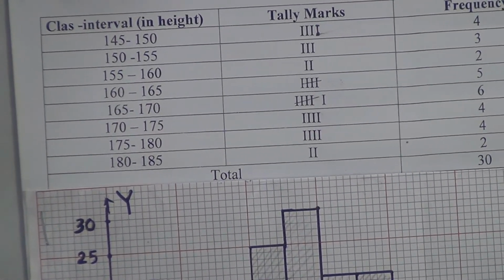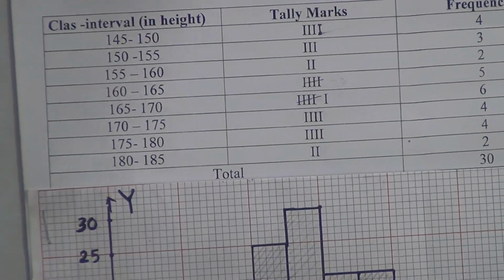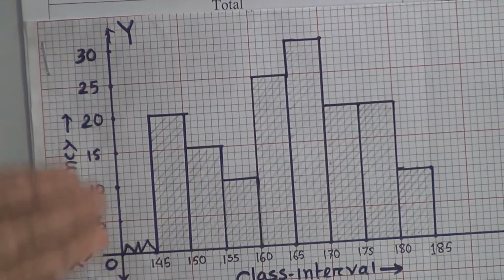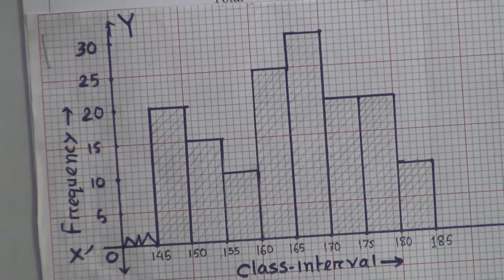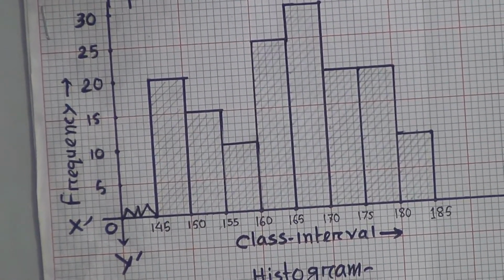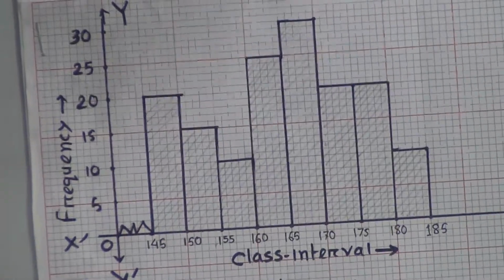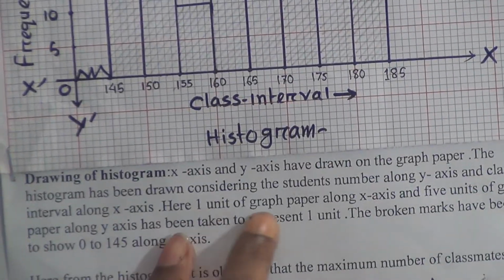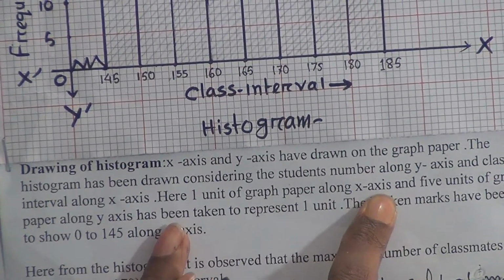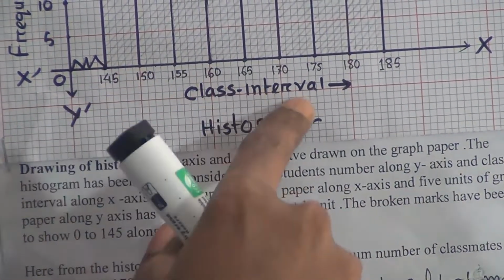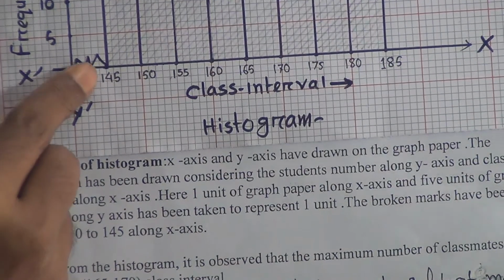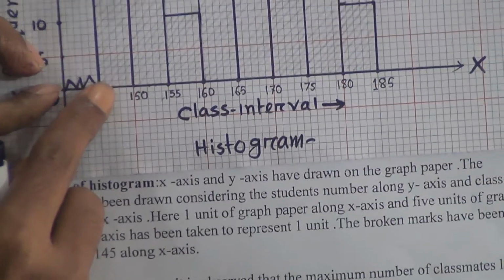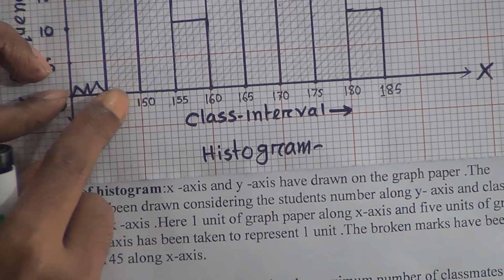Now you have to select the scale: how can you select the y-axis, the frequency, and the x-axis, the class interval or students' height. Here you see 1 unit of graph paper along the x-axis, that means this is 1, then 2, then 3, then 4, then 5.